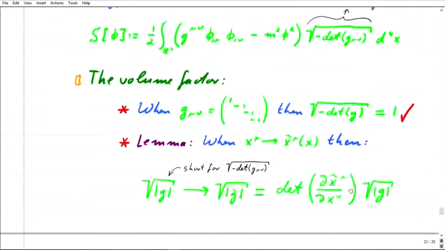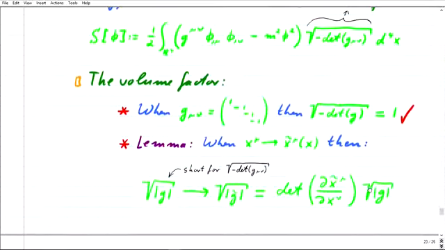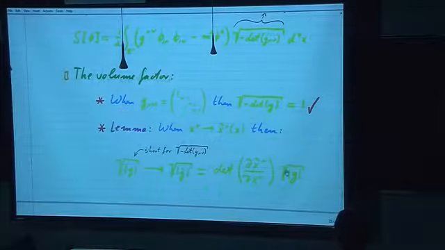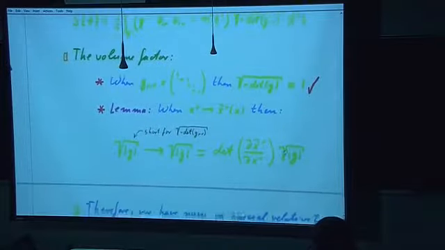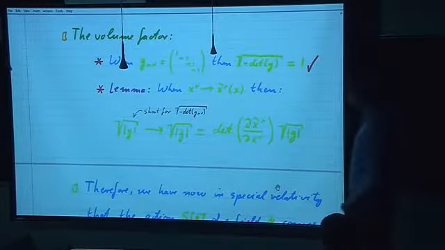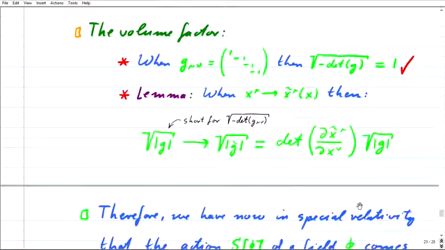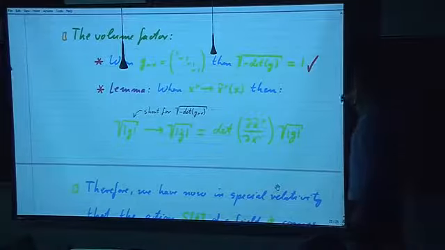As I said, it's not unique, but let's see why it's not necessary to use that, but it's sufficient. Why would it be sufficient? Well, one can prove that this square root is 1 on flat space.